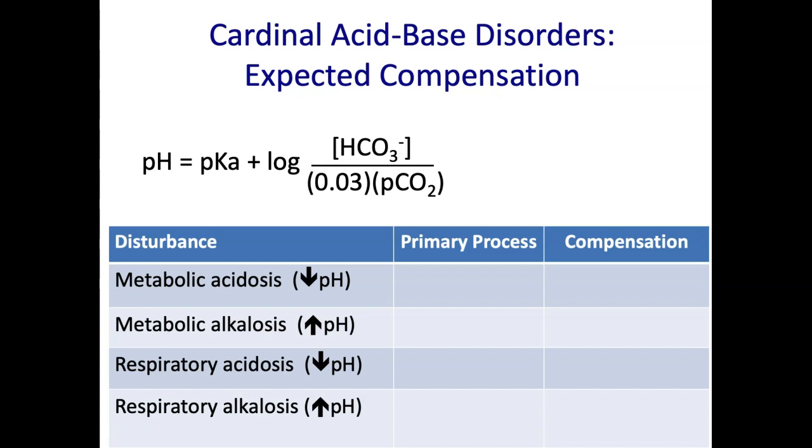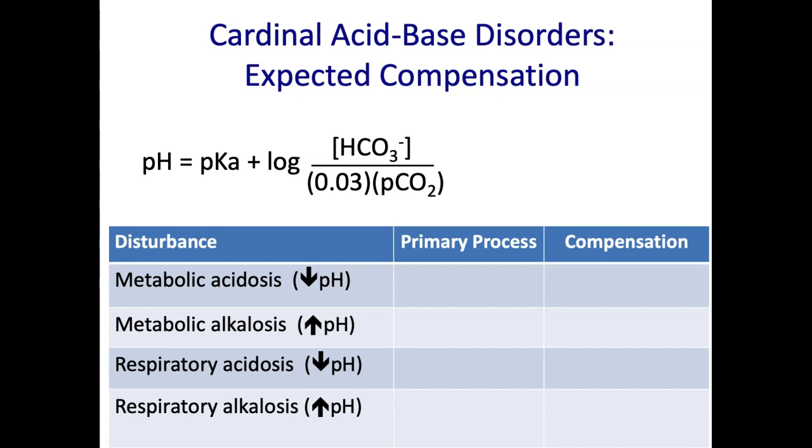Now, we do have to show the Henderson-Hasselbalch equation. pH equals the pKa of the primary extracellular buffer, which is bicarbonate and carbonic acid, plus the log of bicarbonate over the PCO2. So think about this. The pKa is not really going to change. The amount of CO2 that's dissolved into plasma is not really going to change.